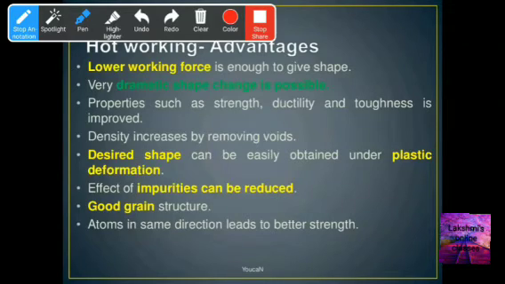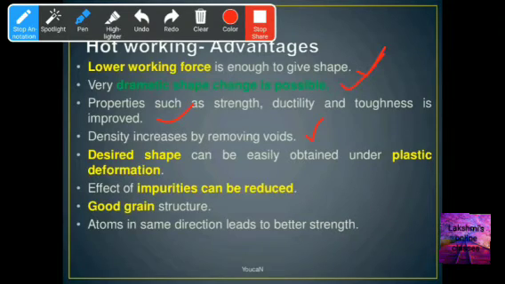So here I am giving it to you one more time. Low working force is enough to give the shape, and second, very dramatic shape change is possible. Next, properties such as strength, ductility, and toughness are improved, and density increases by removing voids.